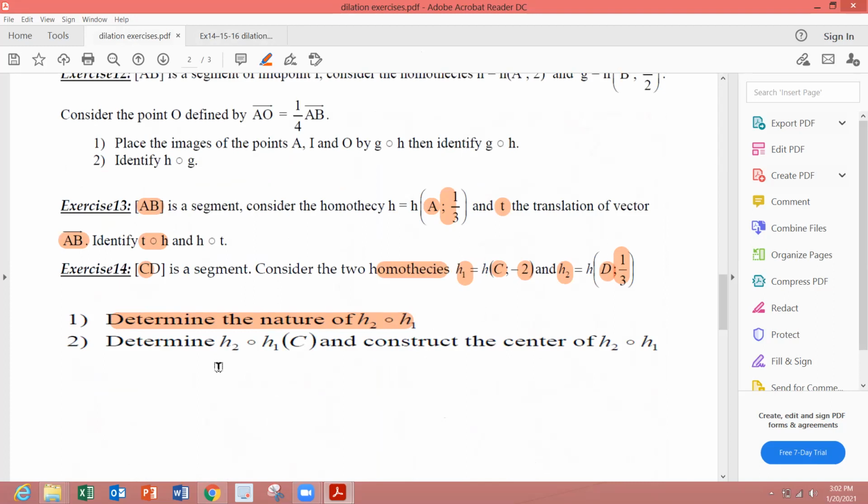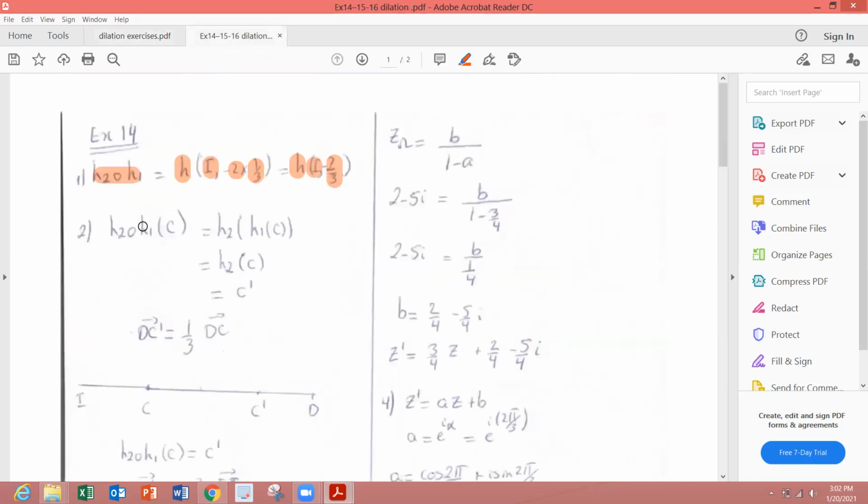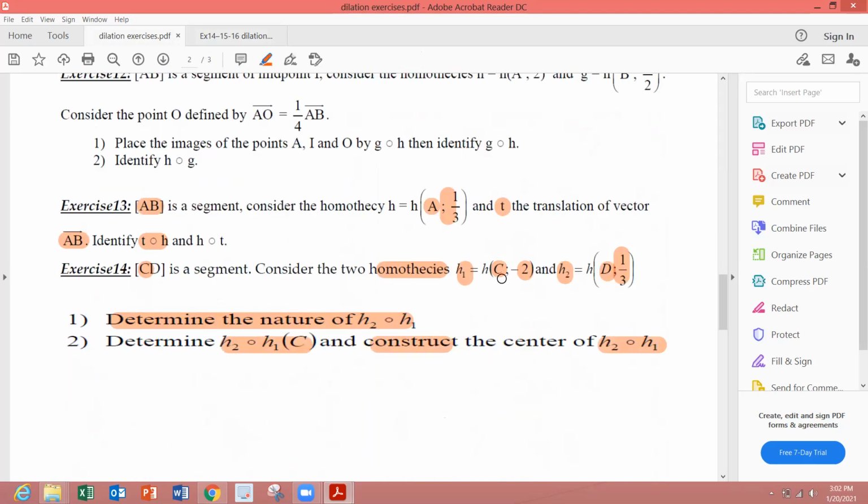Now, determine H2 round H1 of C, then construct the center. We call this center I. H2 round H1 of C equals H2 of H1 of C. H1 has center C, so C is invariant by H1.